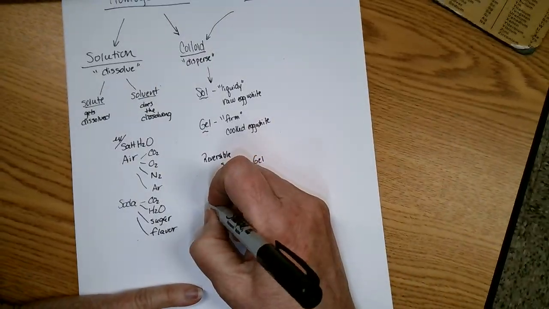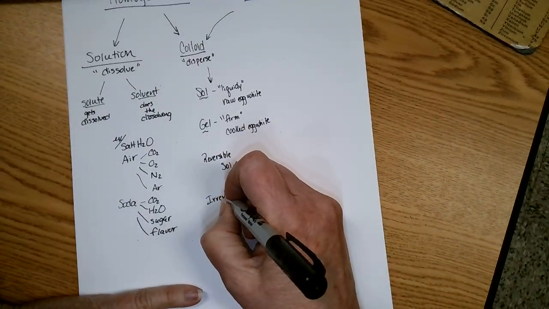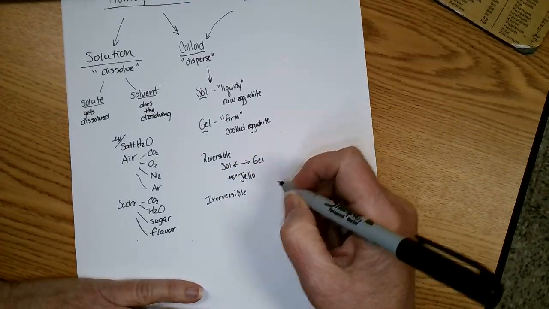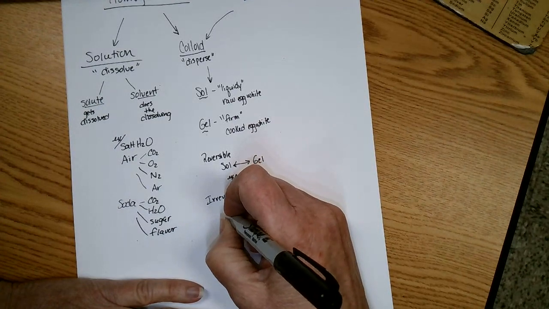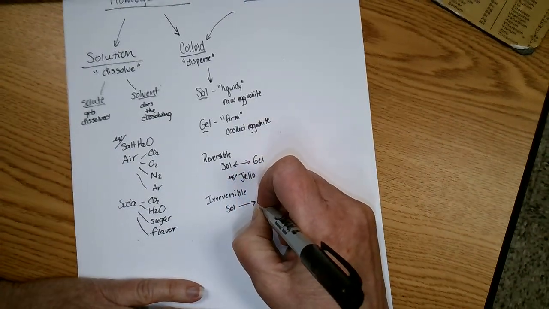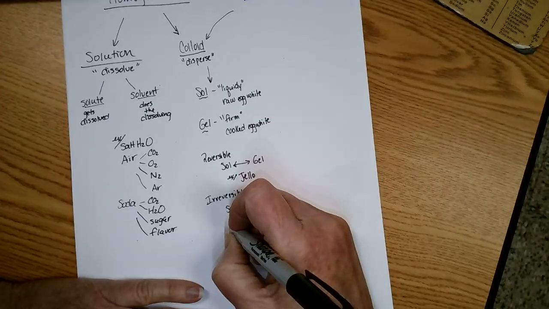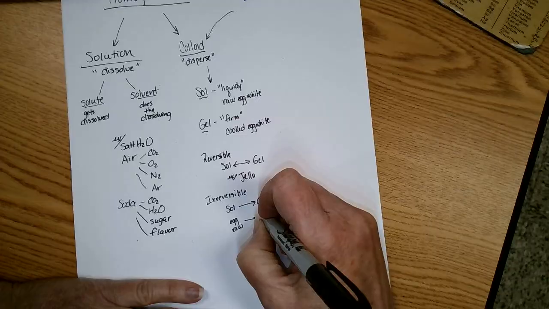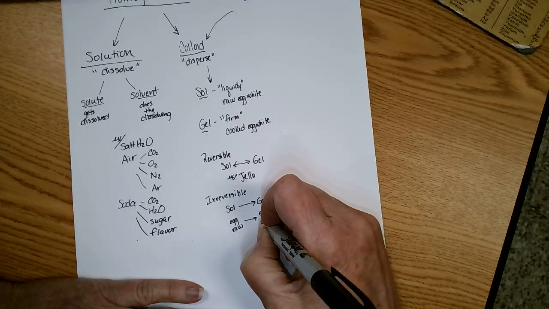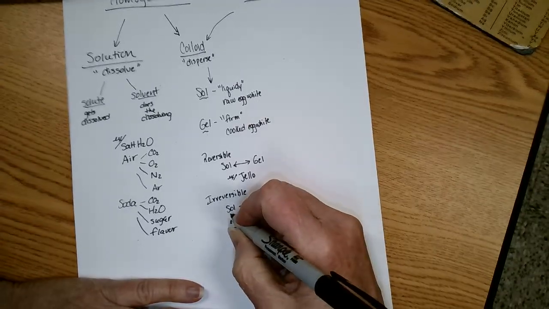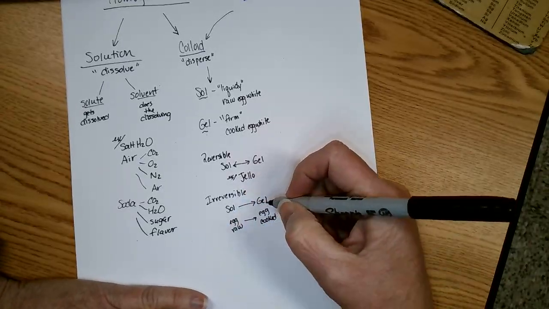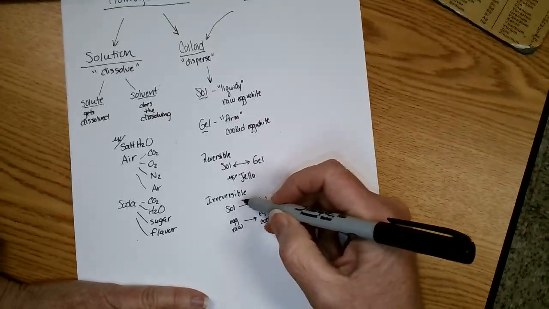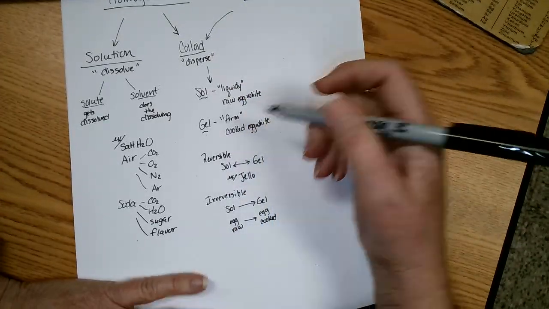But our egg white is what we call irreversible. Irreversible ones go one way and then they don't go back. So in the case of raw egg white, a sol forms a gel when you cook it. So egg raw goes to egg cooked, okay? When it's raw, it's liquidy, but when you cook it, it firms up, but it can't go back. It's one way. It's irreversible, okay? And that's your colloids, all right?